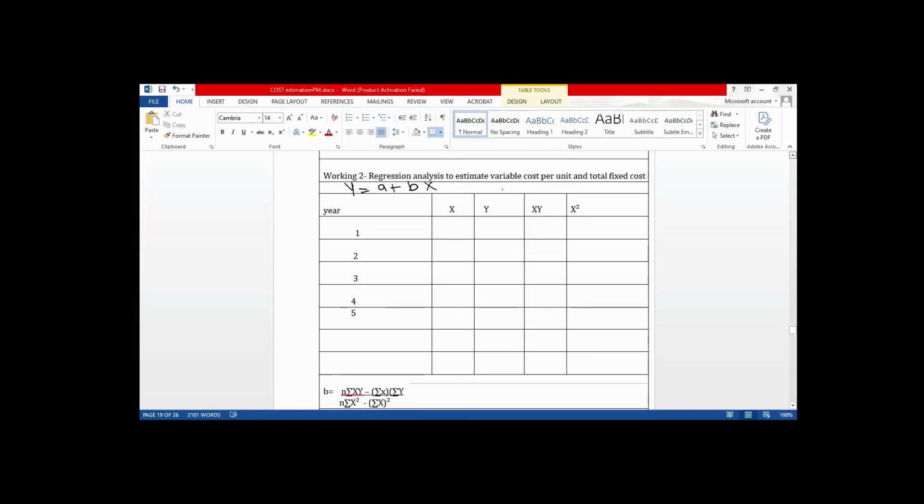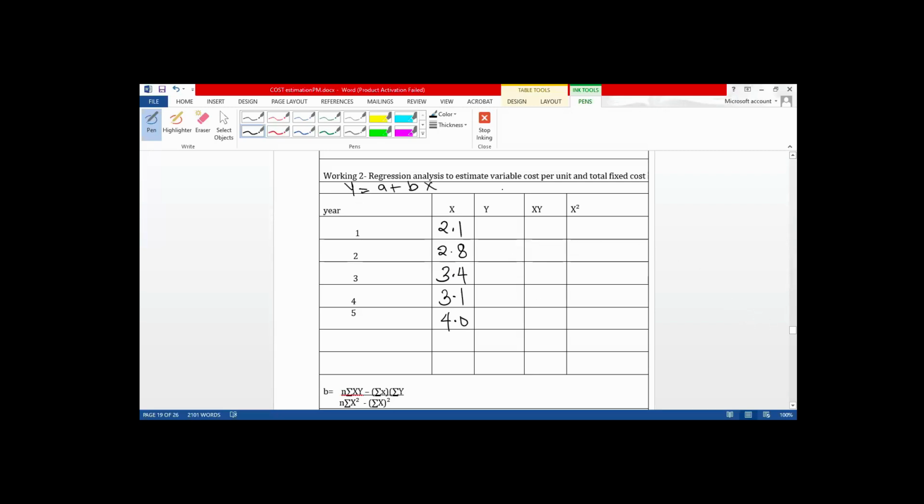My letter X is the volume. In year 1, the volume is 2.1, then 2.8, 3.4, 3.1, and 4.0. That is my X, volume of sales or production.